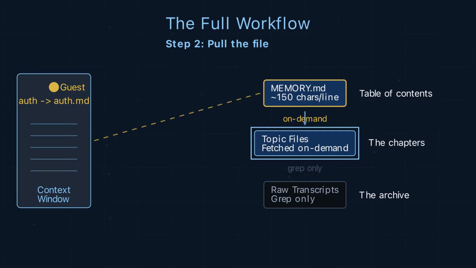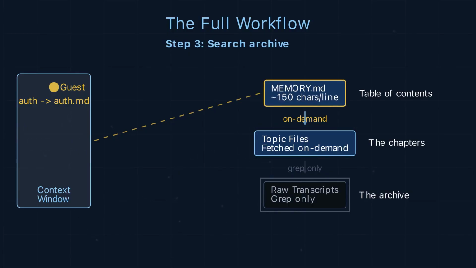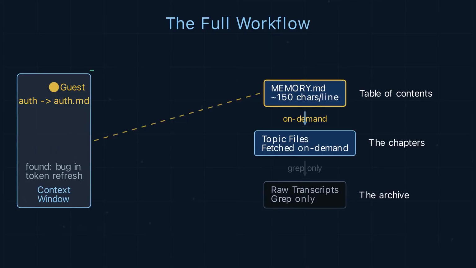Now it has the full picture, the architecture decisions, the token format, the edge cases documented last week. Step 3. The guest mentions a conversation from 2 weeks ago about a specific bug. The agent greps the raw transcripts. Finds the exact exchange. Pulls the relevant snippet into context.